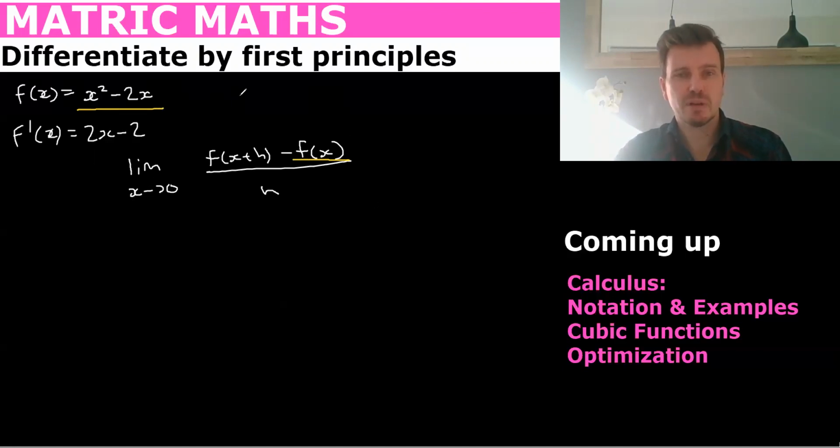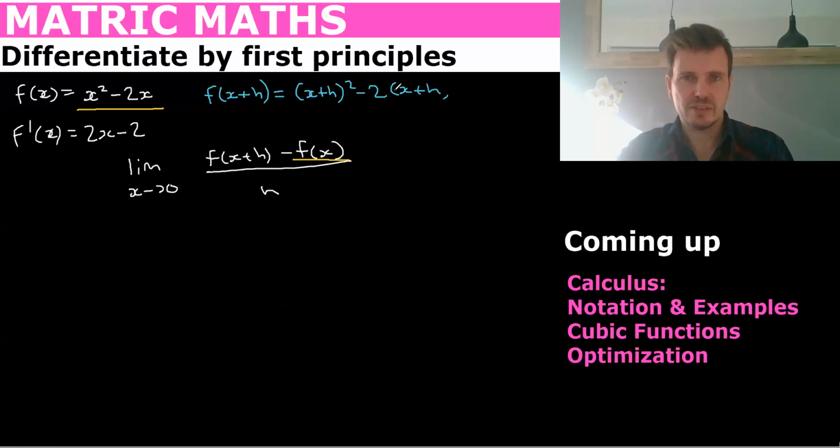Now, f of x plus h, I'm going to do in light blue. And so all I'm going to do is wherever I see an x, I'm going to put an x plus h. So that'll be x plus h squared minus 2 times x plus h. So that's the blue bit. Okay, so now I'm ready to go.